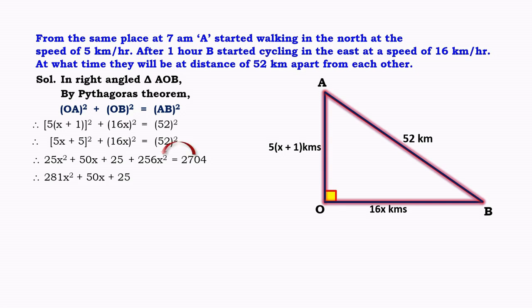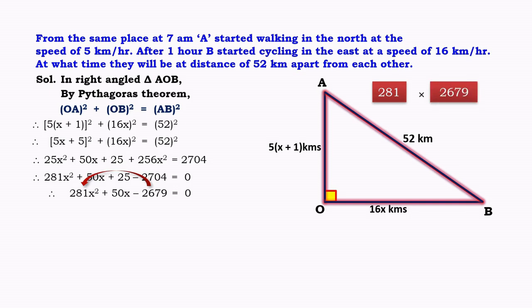Now, combine the like terms. This gives 281x squared plus 50x plus 25 is equal to 2704. Bringing all the terms to one side, we get 281x squared plus 50x minus 2679 is equal to 0. Since the coefficient of x squared is not 1, we use the splitting the middle term method.